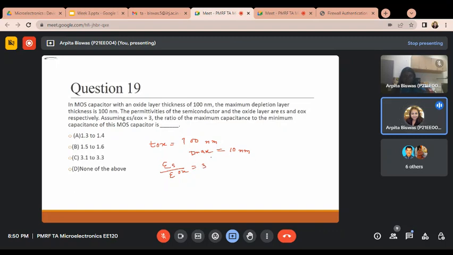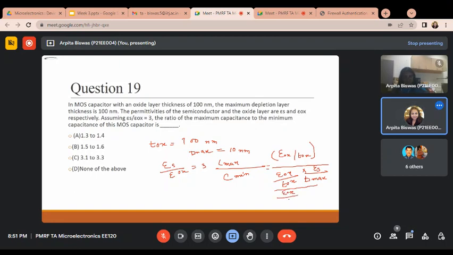So you have to find out the Cmax by Cmin, which you can write as EOX by TOX into ES by Dmax over EOX by TOX plus.